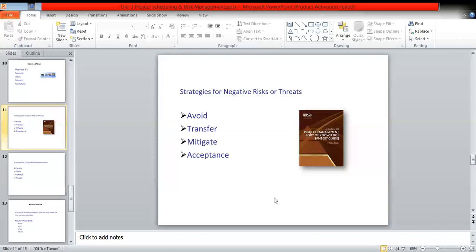So this is the negative strategy, because you are not taking it positively. You don't scold those people who are not working. Avoid means you ignore the things and risks and threats. At that time you are alone, no one listens to you, no one reports to you, no one submits the report to the management.